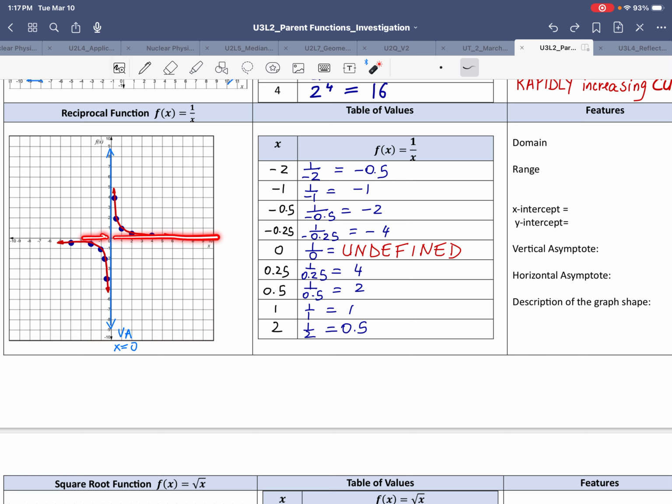And the same thing is going to happen on the other side. If the x values become negative infinity, then 1 over negative infinity will produce a number very close to 0, slightly less than 0, which we indicate by a small minus sign to show that it's like negative 0.001. So you can make it as close to 0 as possible, right? And the y values will get very close to it, but will never touch it.